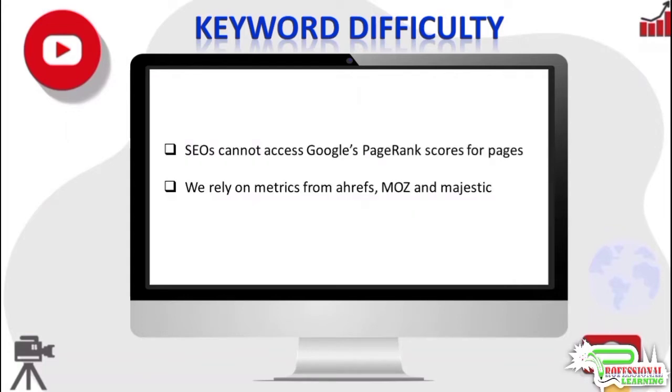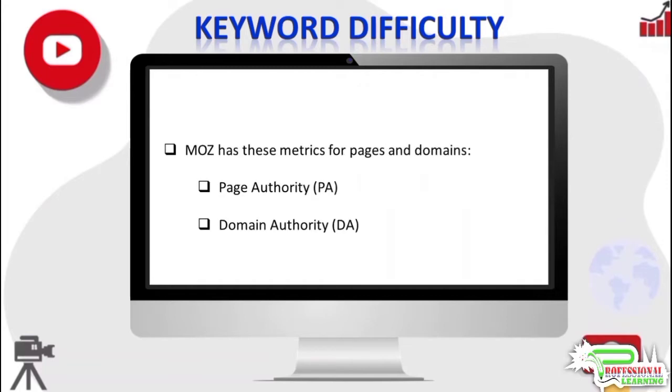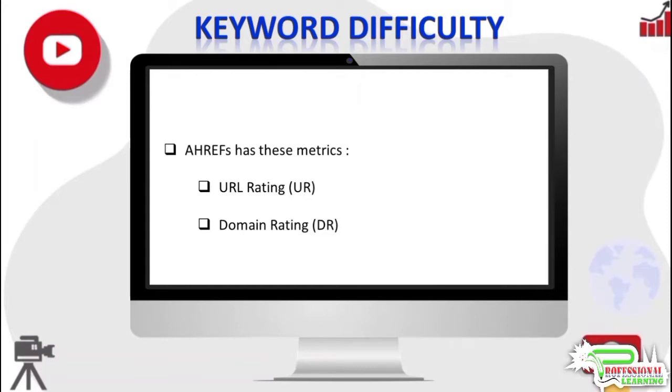Moz has two metrics for pages and domains: page authority and domain authority.